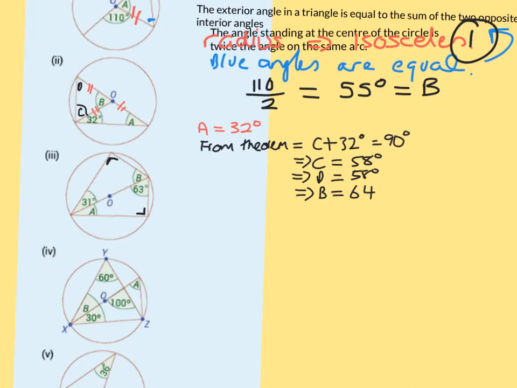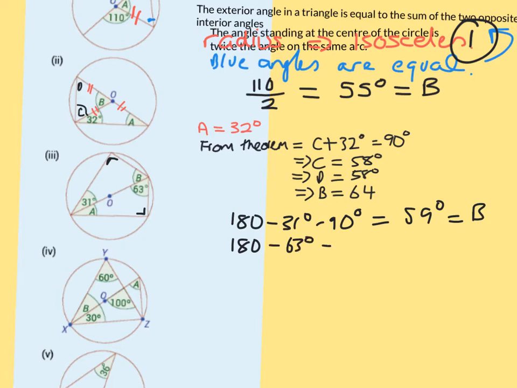So now I know those angles, I can very simply say 180 degrees minus 31 degrees minus 90 degrees will give me B. 180 minus 31 minus 90 gives me 59 degrees equals B. Similarly for A, I say 180 minus 63 degrees minus 90 degrees.